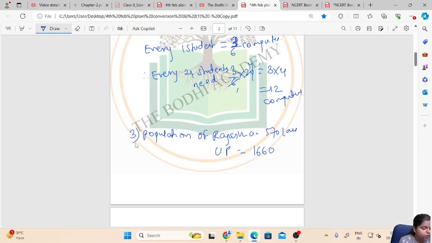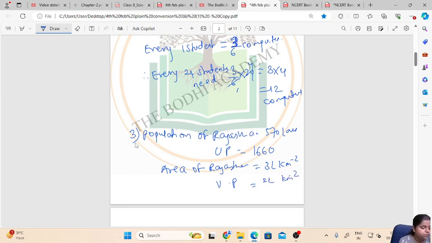And the area of Rajasthan they have given, area of Rajasthan is 3 lakh square kilometer, and UP area is 2 lakh square kilometer.